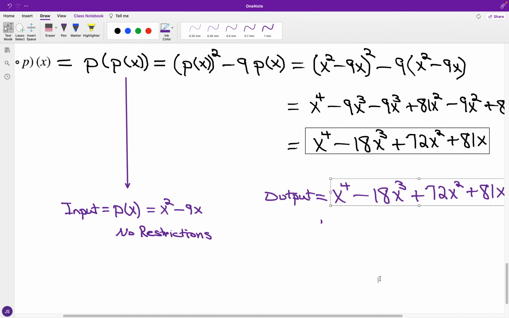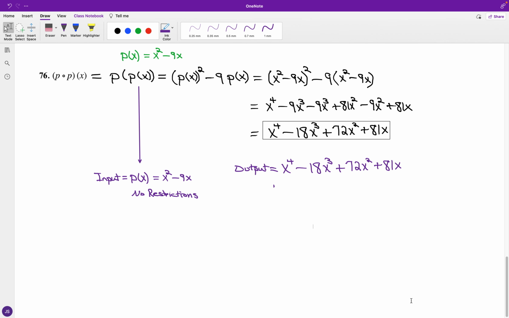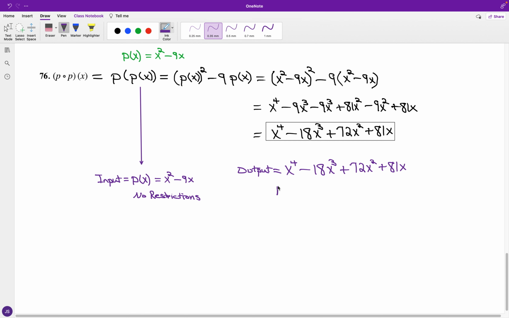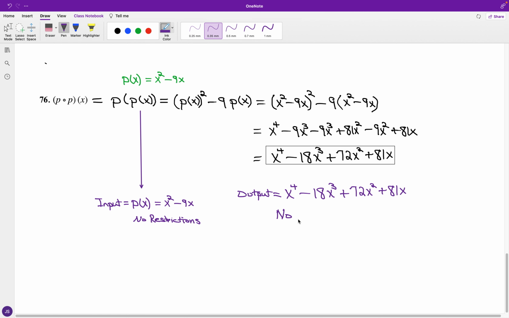Since I don't have any even root radical or fraction, we don't have restrictions for the output. So you have no restrictions at all, and so we'll end up with the domain being the set of all real numbers.